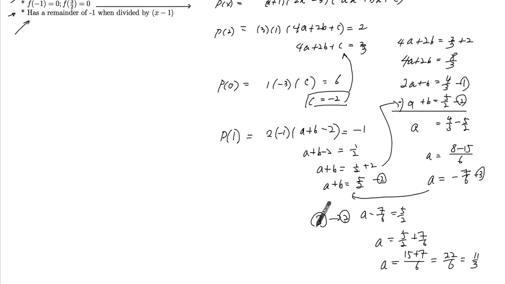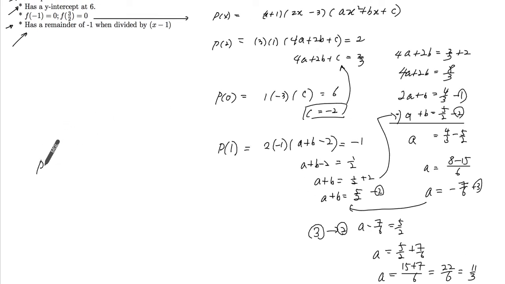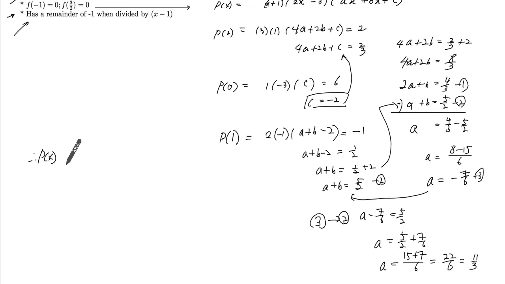Okay, so our polynomial equation finally is p of x equal to x plus 1, 2x minus 3, and a is 11 over 3 x squared minus 7 over 6 x, and c was negative 2.